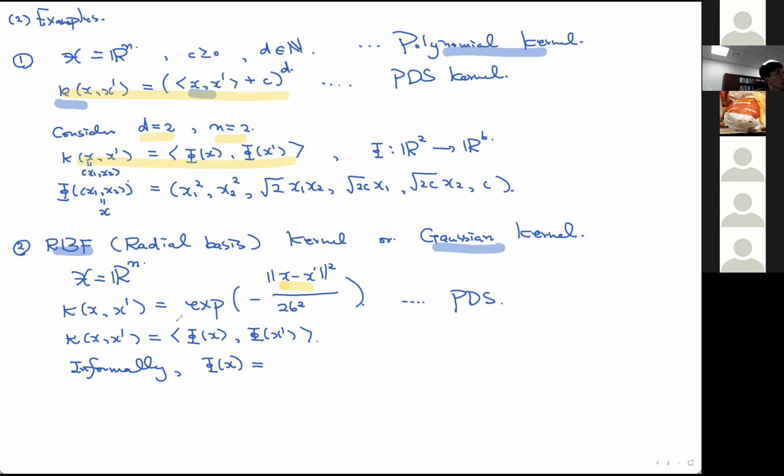So if you have R^n, then we may have some constant, and then the second term is each coordinate, x1 to xn, maybe with some constant there. And then the quadratic terms, x1 square, x2 square, and so on. And then cubic terms, x1 cube, x2 cube, and so on.